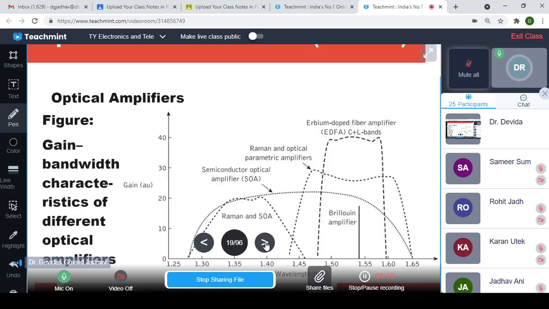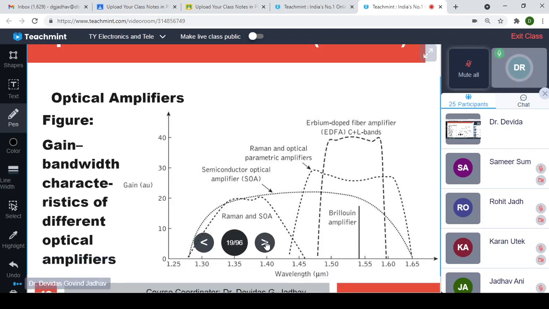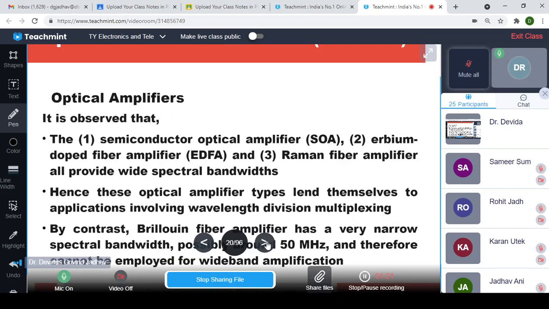In the semiconductor optical amplifier, the laser stimulated emission mechanism is used. And in the case of fiber optical amplifiers, the Raman and Brillouin scattering effects as well as the erbium doped fiber amplifiers are there.